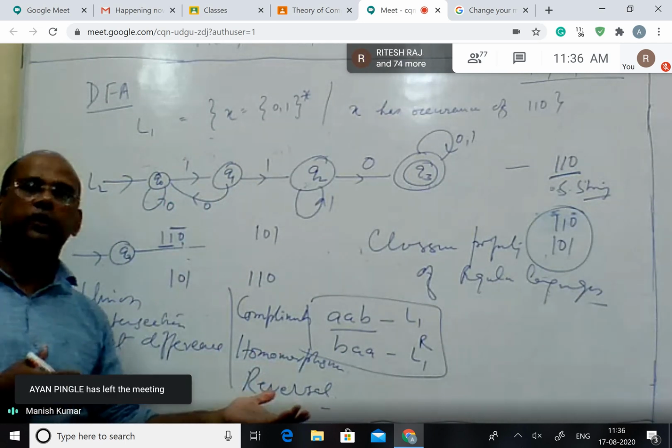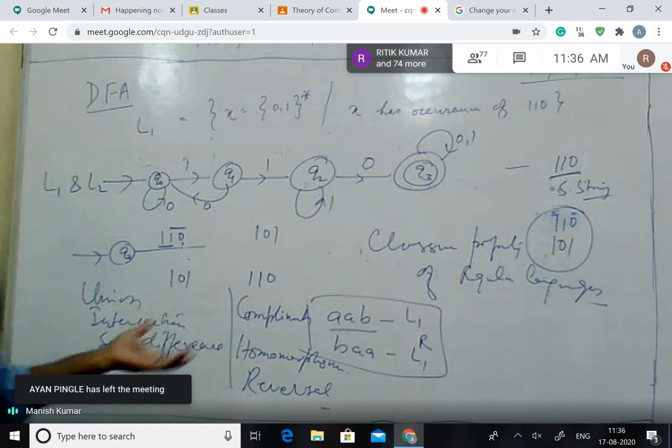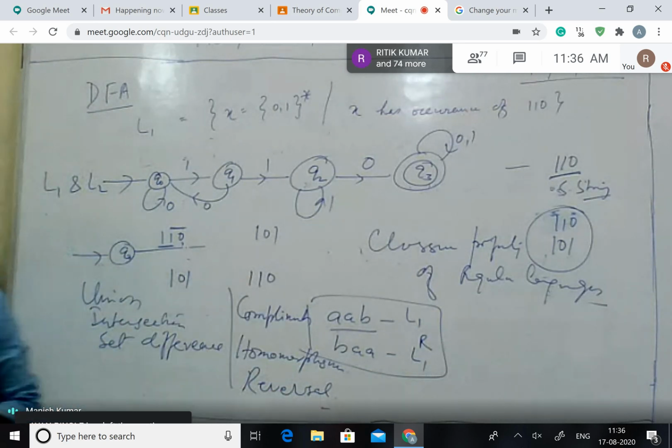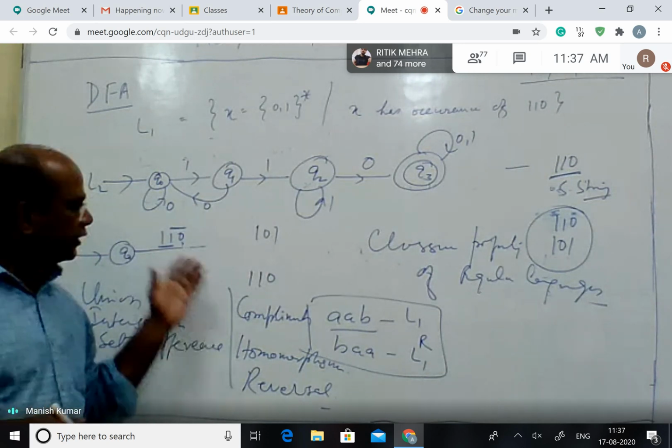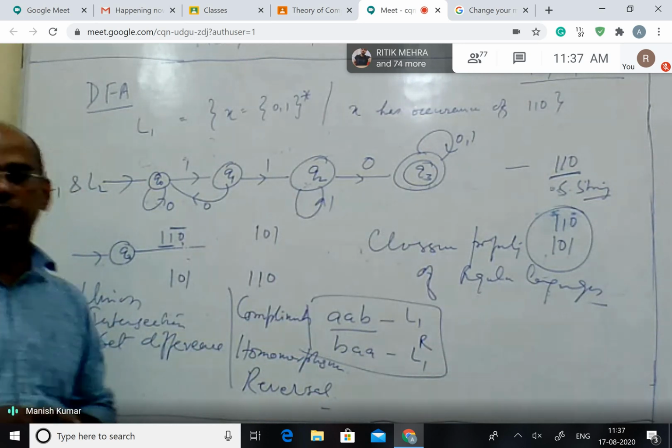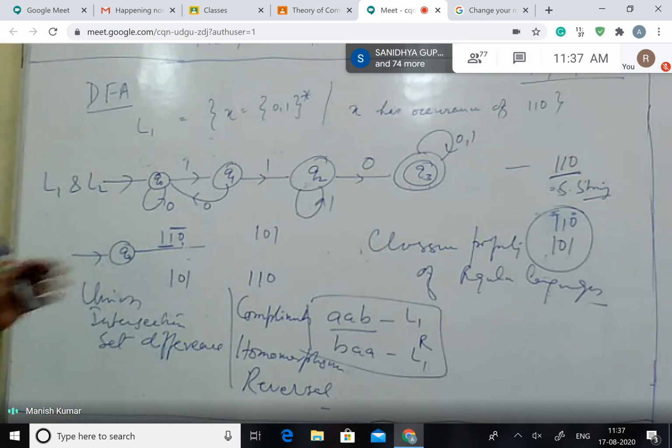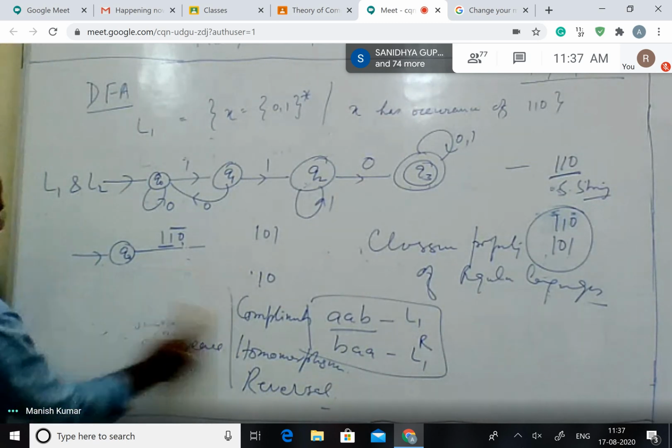Combination means it will either be a union or intersection or maybe anything out of it. Then it is easy to prove and easy to draw also. Okay, so we'll see later on. I'm just discussing this.